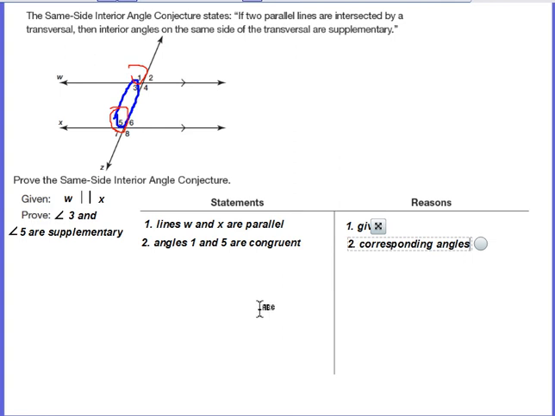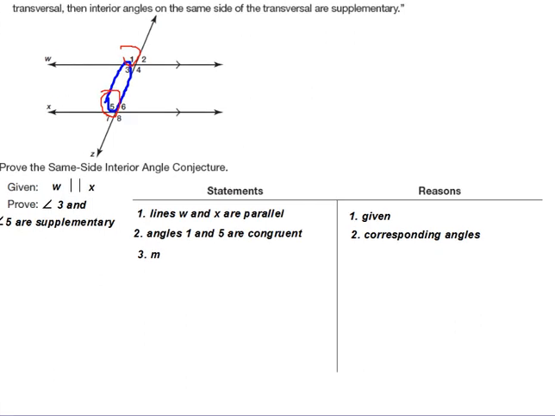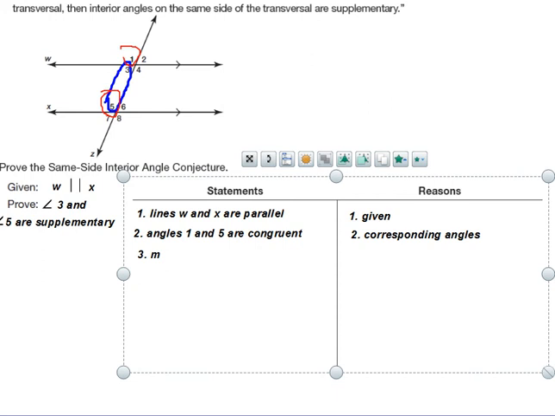Alright, since angles 1 and 5 are congruent, then that means their measures are the same. So again, I would write measure of angle 1 and measure of angle 5. So let's try it. Why not? So measure, and then here I would put this. And I'm just going to write it out because I don't want to be here for too long.